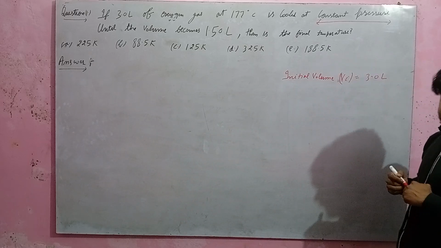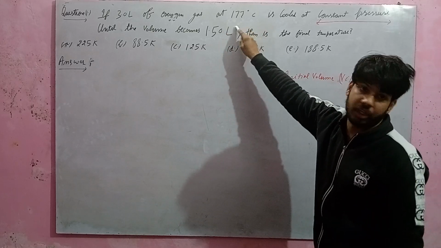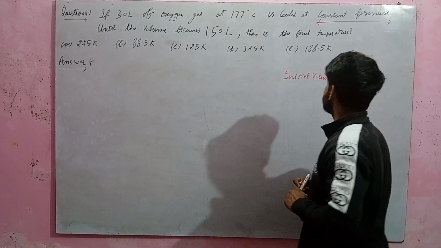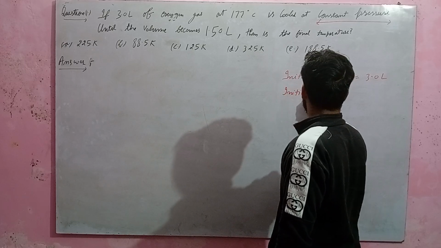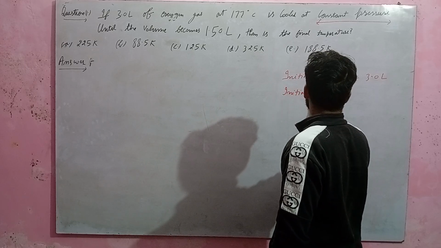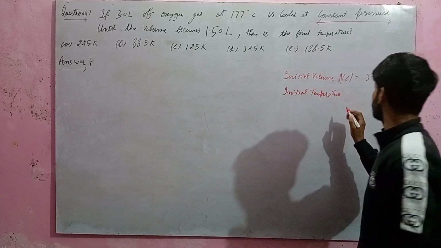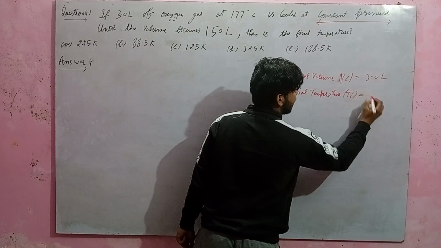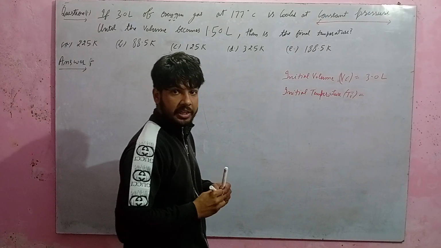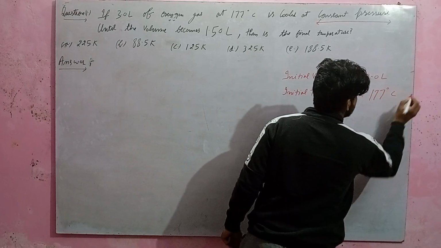The next thing given in the question is the initial temperature of the gas, which is 177 degree. The initial temperature, denoted by Ti, is 177 degree Celsius.